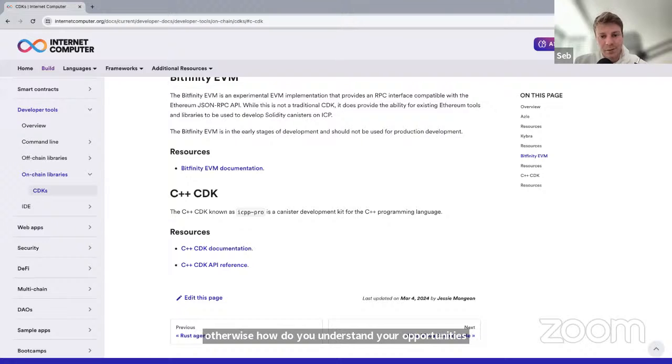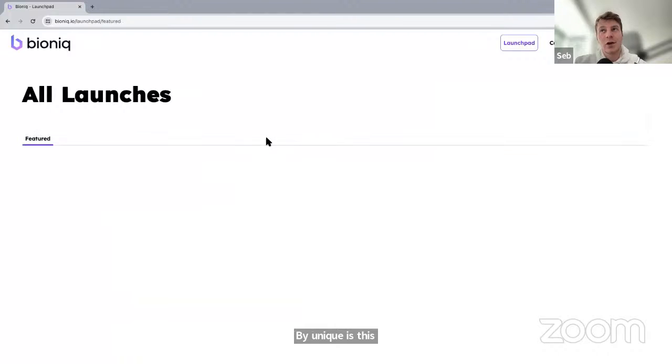But yeah, great point. I think more about Bitcoin integration, create a special protocol for ordinals. Yes, so you're probably already familiar with Bionic. Bionic is this ordinal marketplace and launchpad on ICP.